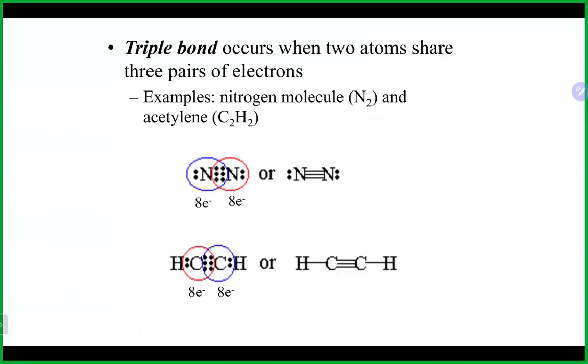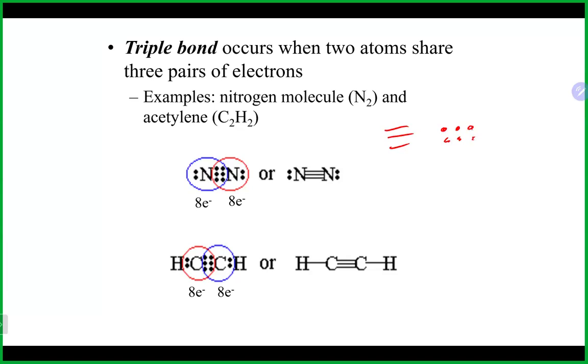So for example, nitrogen needs to triple bond with itself to get each nitrogen to 8 electrons. In the case of C2H2 over there, we also need to triple bond the carbons to allow everybody to get to 8 electrons. A triple bond, again, is basically 3 lines, represented by 3 pairs of electrons or 6 total electrons.